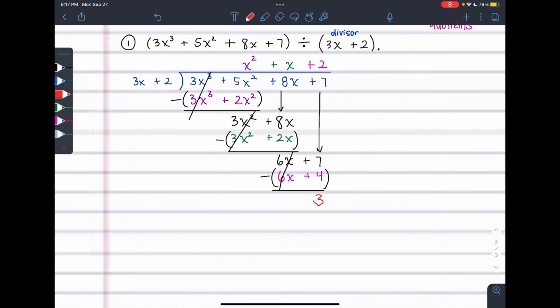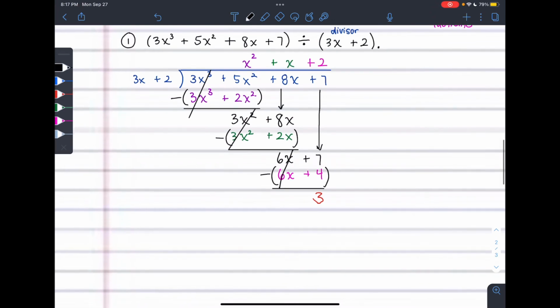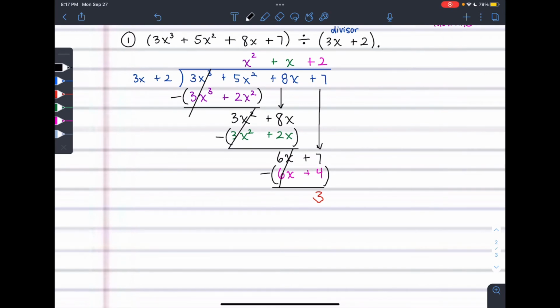All right. So all that's left for us to do at this point is rewrite our quotient and remainder. This will be written as the quotient plus the remainder over the divisor. In this case, it's 3x plus 2.